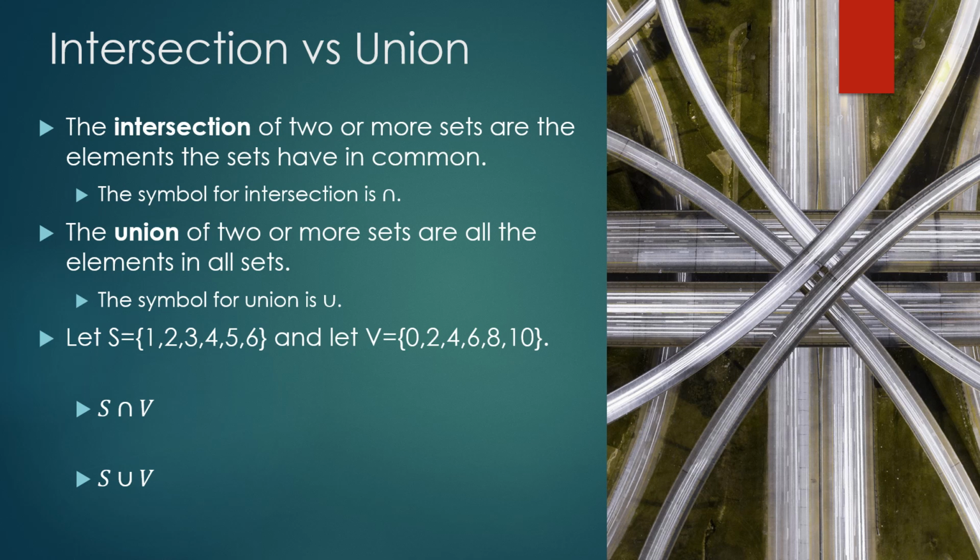So let's practice. Let's suppose we have set S, which contains the elements 1, 2, 3, 4, 5, 6, and the set V, which contains 0, 2, 4, 6, 8, 10. So here I want to find the intersection of S and V. That means I want to find all the elements that are in both sets.